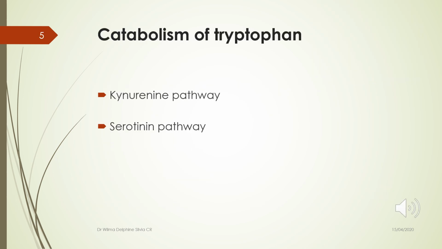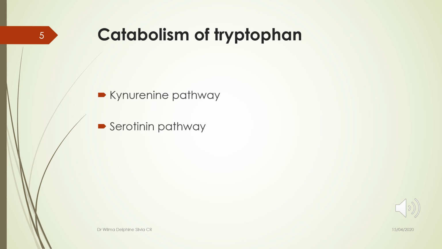Tryptophan is metabolized by two pathways, the kynurenine pathway and the serotonin pathway. In the kynurenine pathway, tryptophan gets converted into alanine, which is a glucogenic intermediate, and acetoacetate, which is a ketogenic intermediate, and a formyl group which enters into the 1 carbon pool, and NAD+.